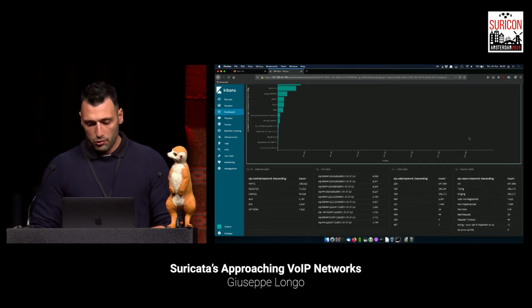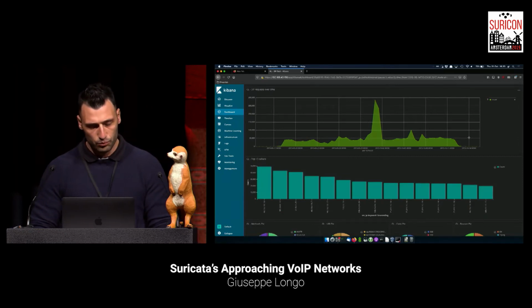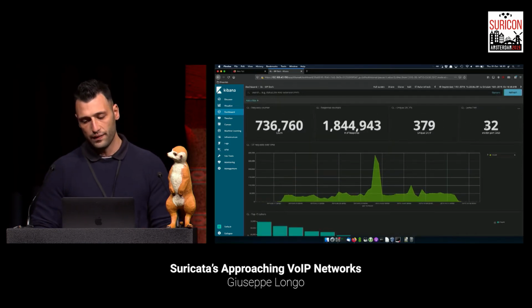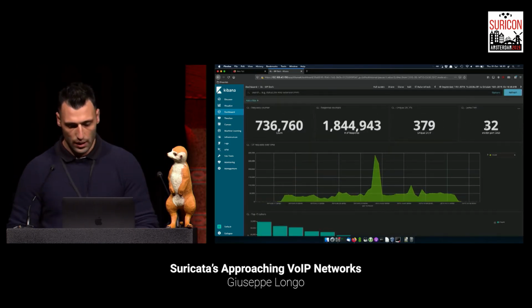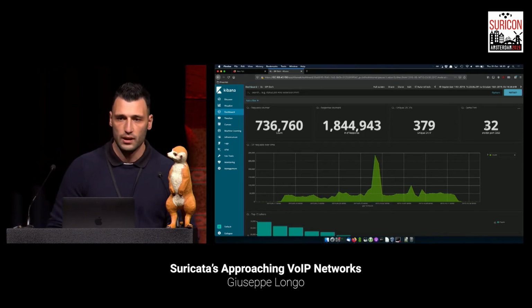Just to wrap up with this part, I was quite surprised to see a lot of traffic and a lot of strange behaviors, like this flow with the same port. Honestly, I didn't see any particular attack.